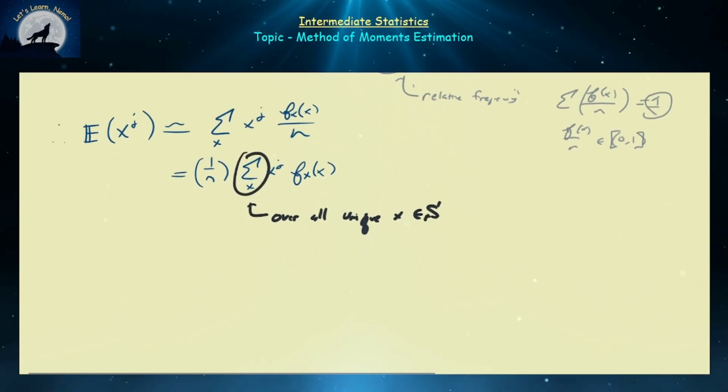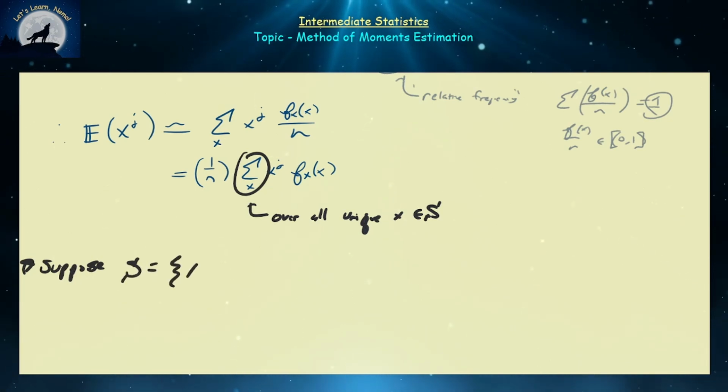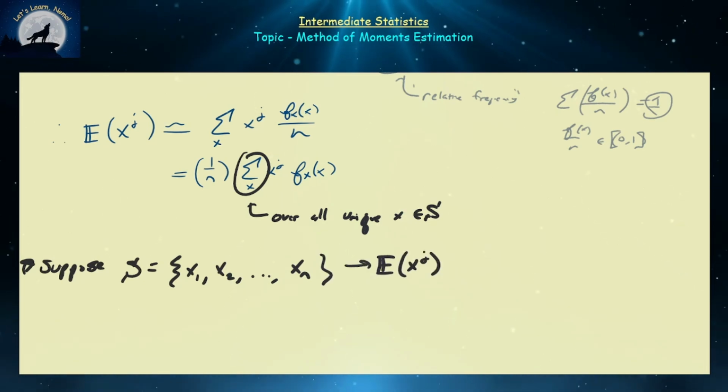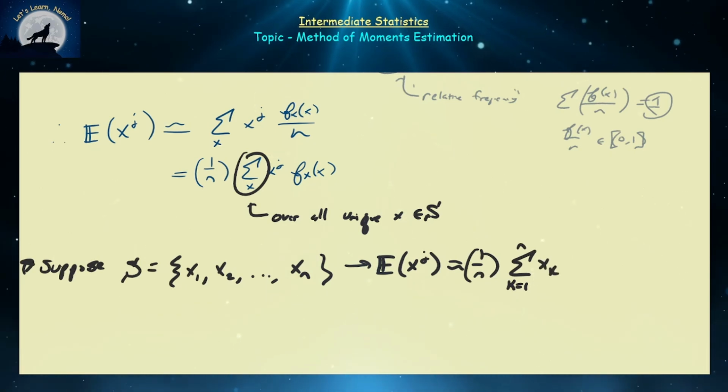Right? So let's suppose that our sample can be written in the following way: x1, x2, all the way down to xm. Then that means the jth moment can be approximated by 1 over m times the sum from k equal to 1 to m of xk to the power of j.